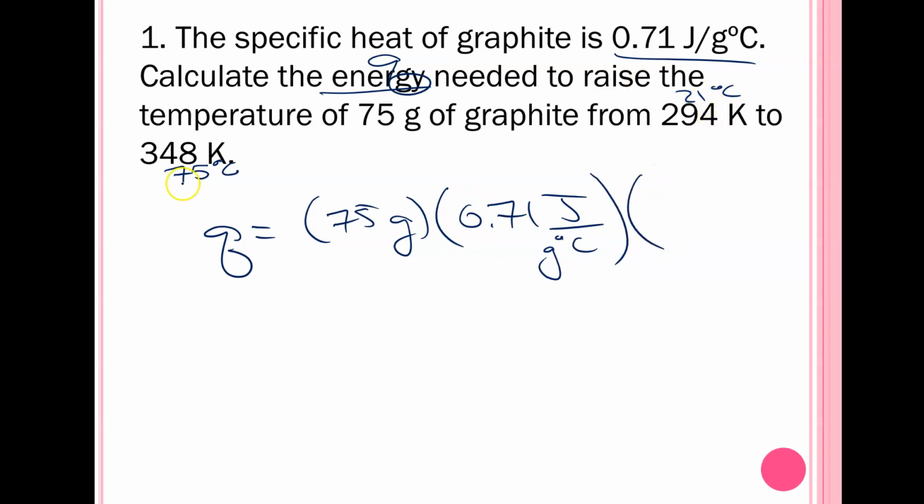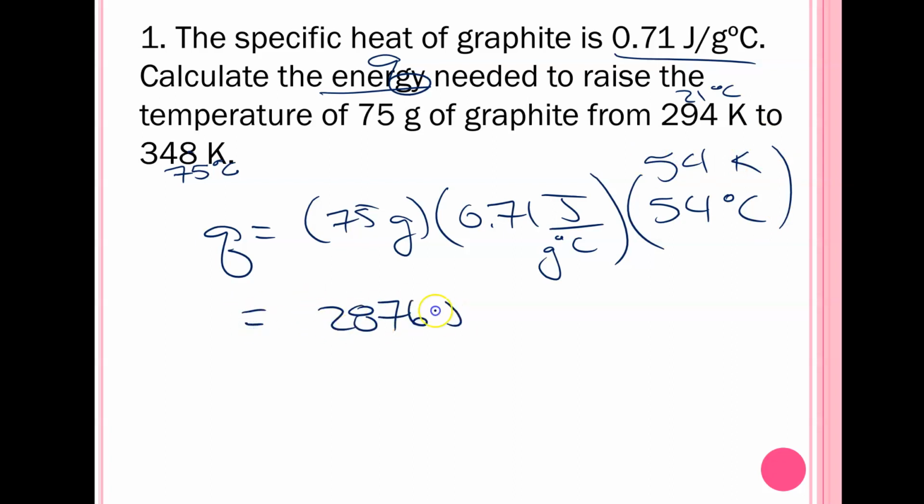If I do 75 minus 21, that's 54 degrees C. If I do 348 minus 294, it's 54 Kelvin. Either way, it doesn't matter which one you use. Multiply it out, you get 2876 joules.